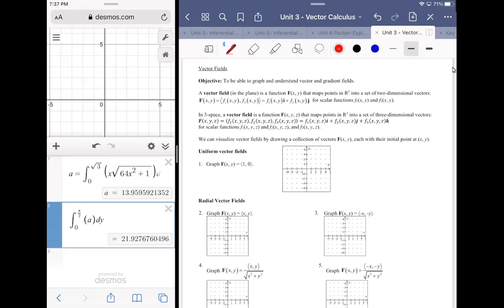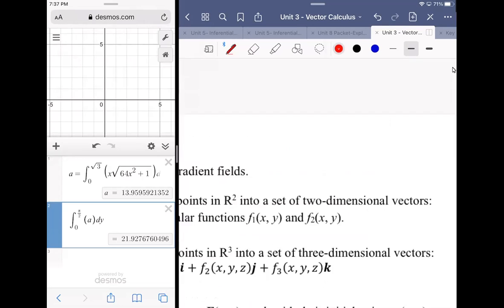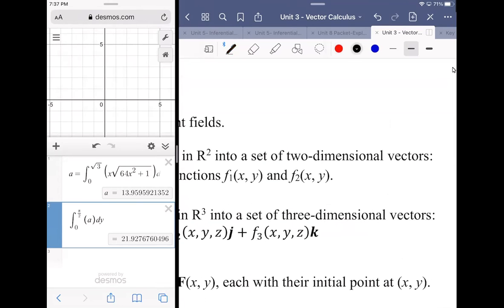All right, so a very basic one, I'll just show you really quickly. I just do the roughest of sketches.